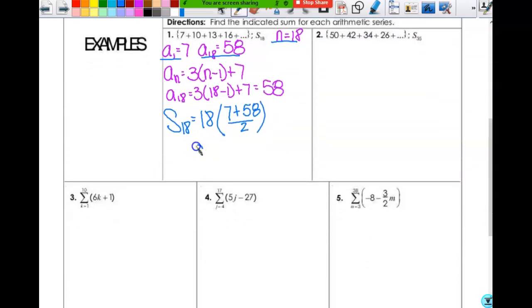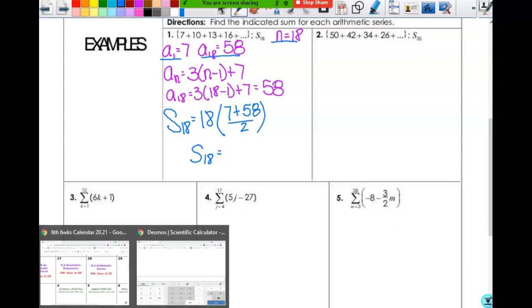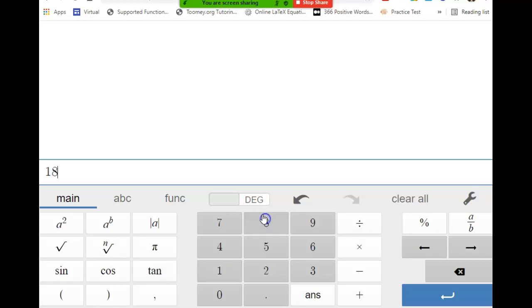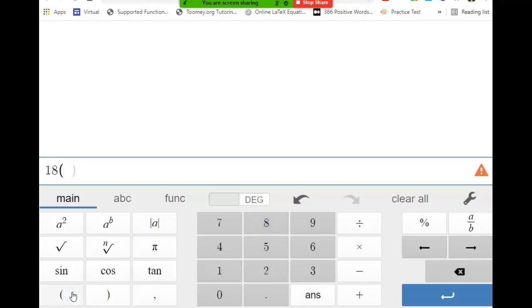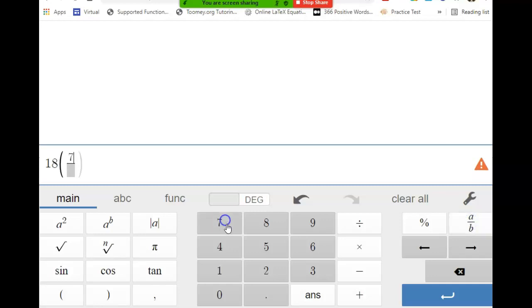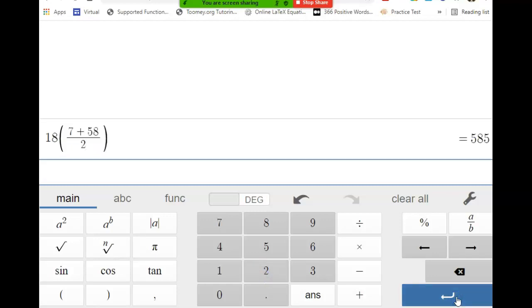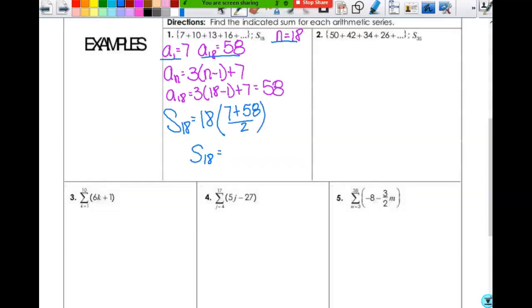Then when I multiply that out, I would have 18 times, use my little fraction, 7 plus 58 over 2, and that gives me 585. So my answer is 585. We good with that? Awesome.